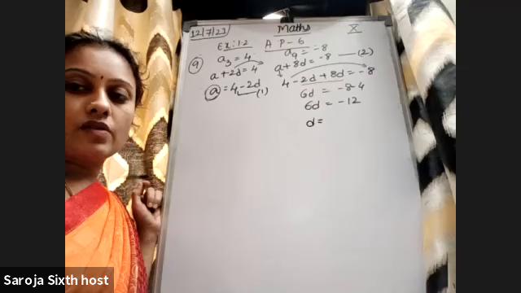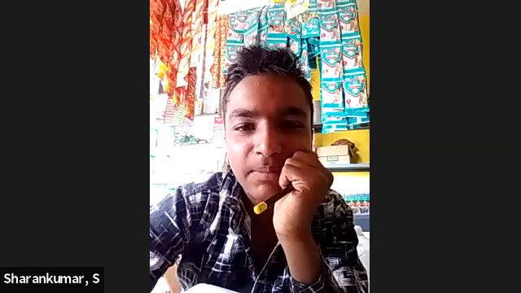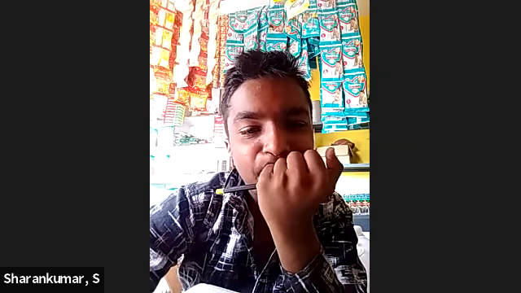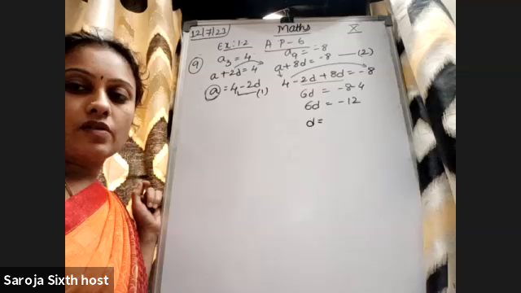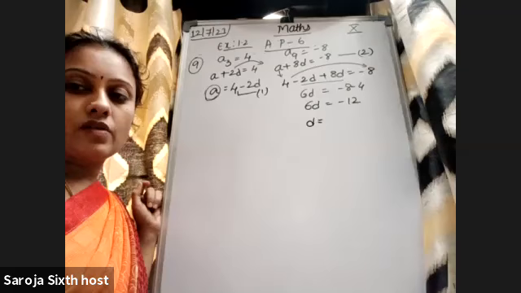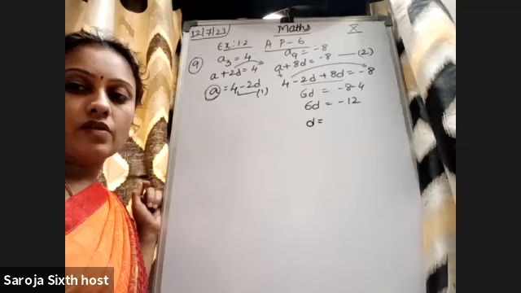Sonu Sharma. Ma'am, D is 6. How D will be 6? Minus 2, ma'am. Sushma, today I'm going to give a few names who are not at all responding. Sushma, are you there?